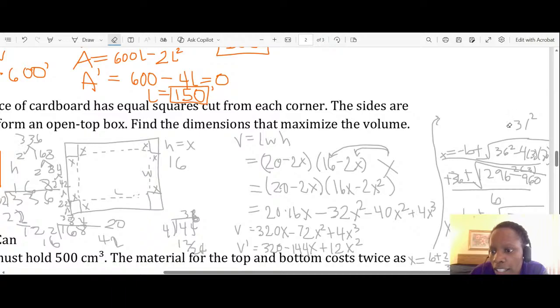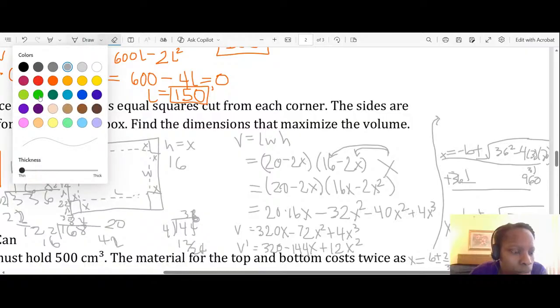Come on, erase already. I'm going to change colors and just start already. I'm going to put a green, and basically I'm going to put it up here.